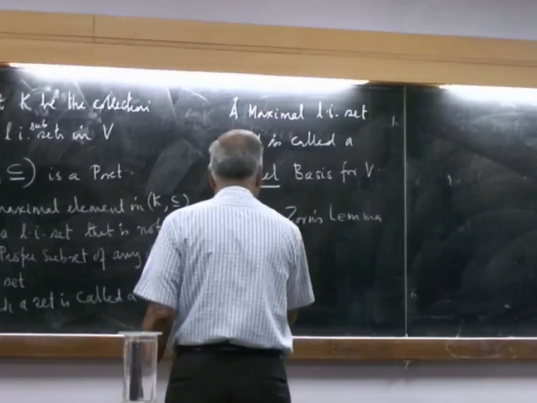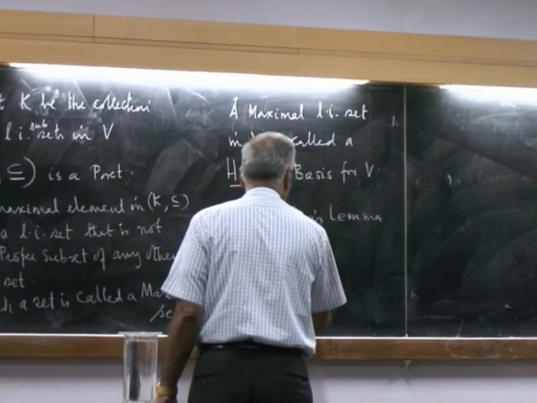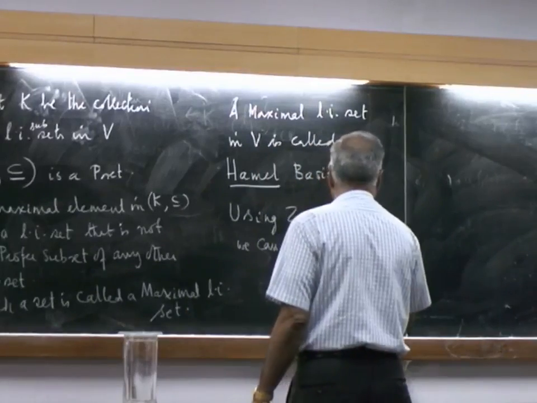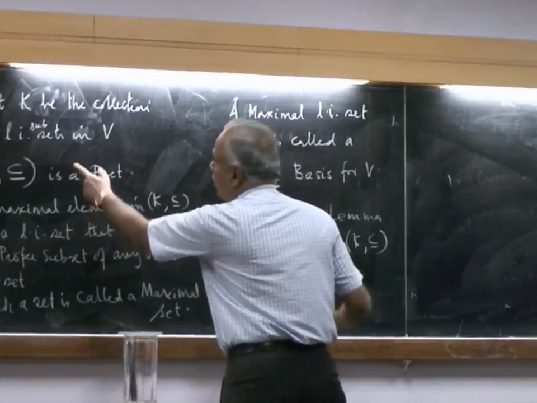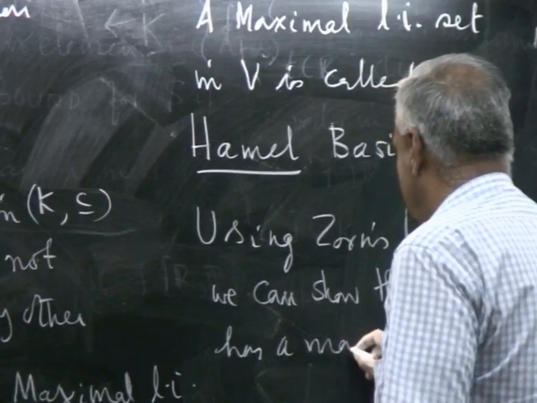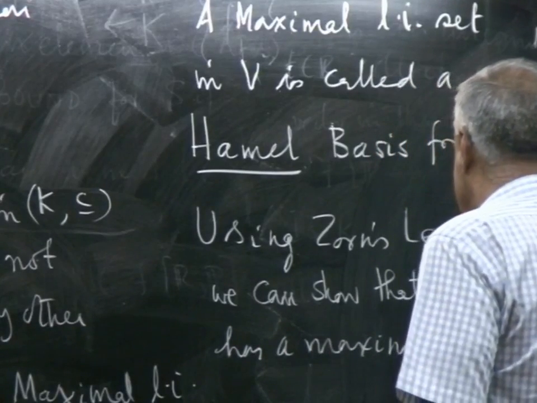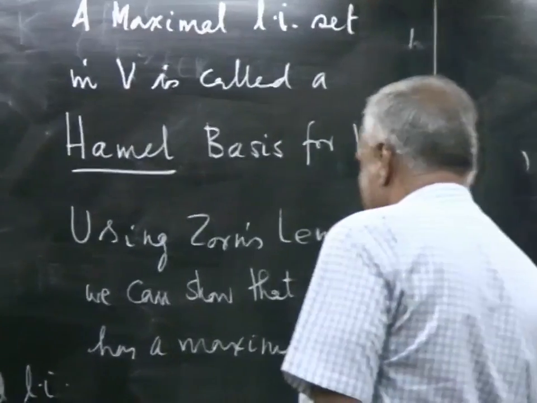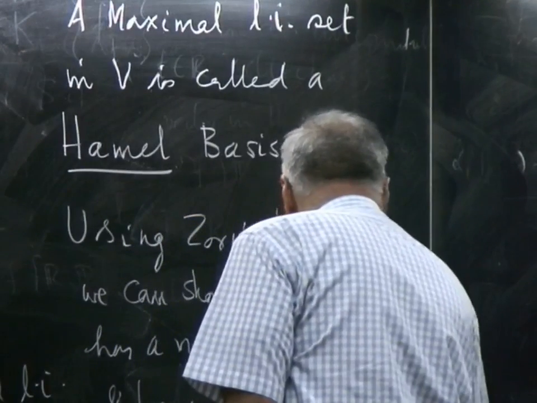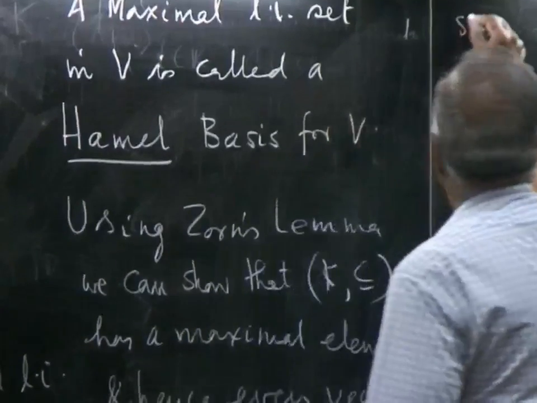We can show that K, the collection of all linearly independent sets, has a maximal element, and hence every vector space has a Hamel basis.